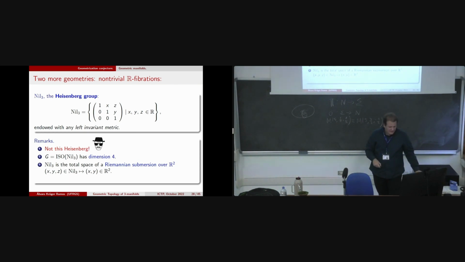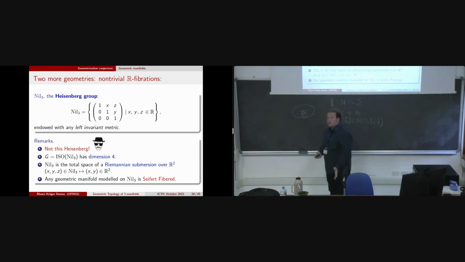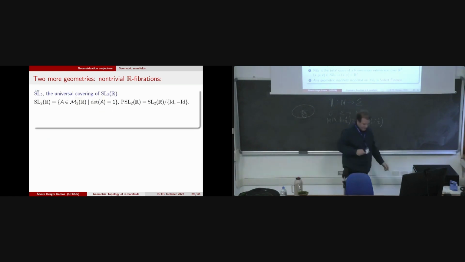X, Y, Z in the matrix, and you just project onto this component. This will be a Riemannian submersion, but it's not trivial. Any geometric manifold modeled on Nil is going to be circle fibered because Nil is an R fibration. So anywhere it closes down, this R fiber is going to close up, and so on.